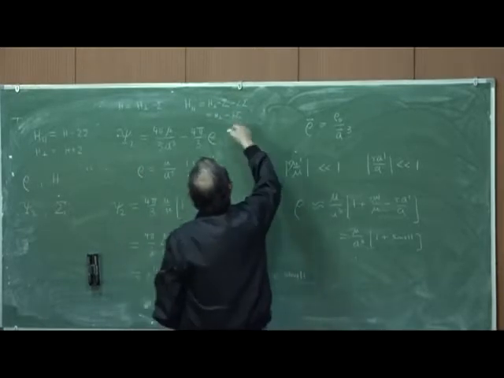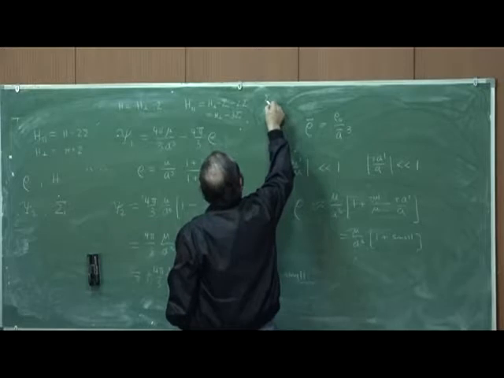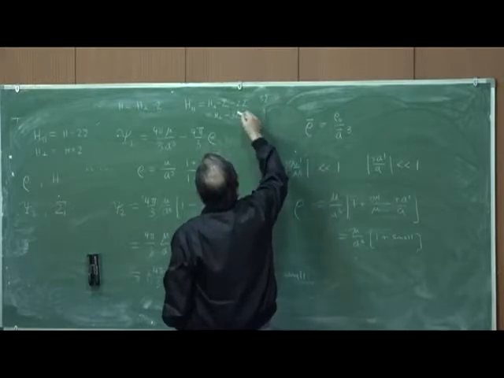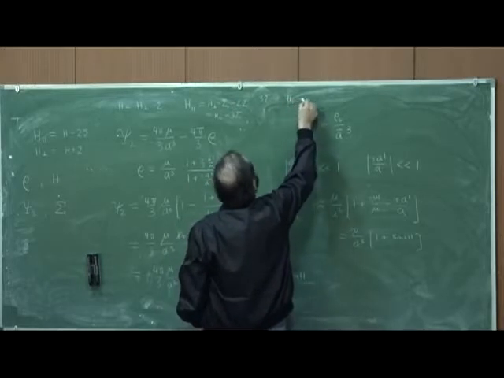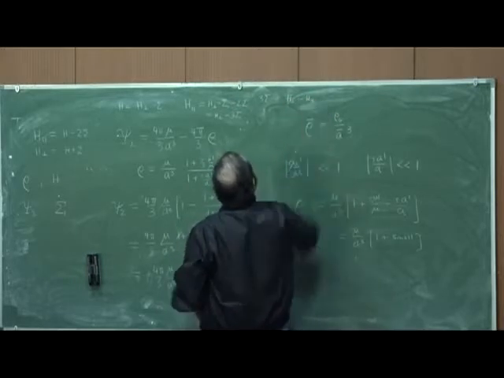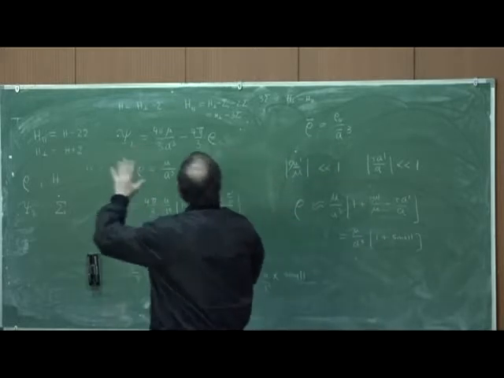And from here you obtain sigma: 3 sigma is equal to H perpendicular minus H parallel. And you do the same for H, and you obtain H.